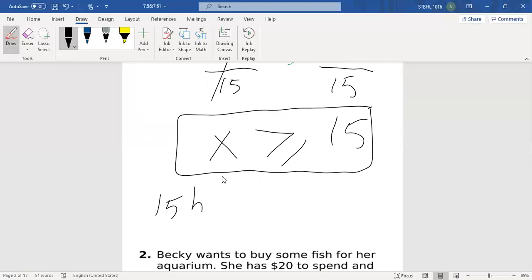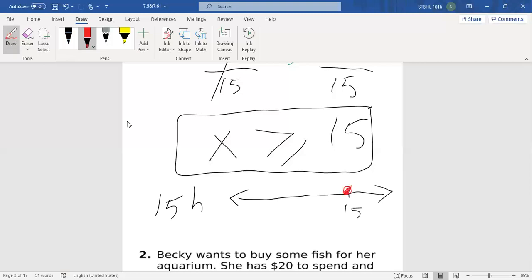Now, how can I graph it? As you know, to graph any inequality, we have to draw a number line, then locate where 15 is, suppose 15 is here, and indicate the inequality by a circle. What about this circle? Is it shaded or unshaded? Of course it's shaded. Why? Because it has the equal sign.